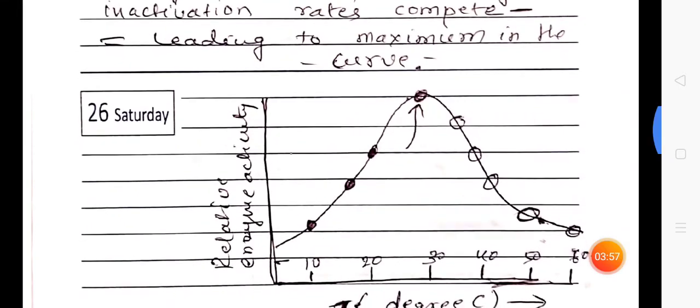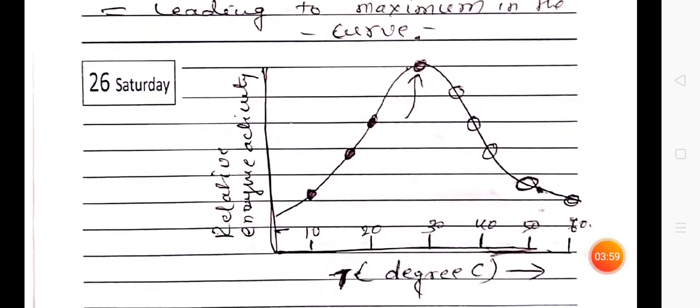When you do the experiment in the lab, you will get data like this. When you plot the graph of relative activity versus temperature in degrees centigrade, on this axis there are different temperatures, on this axis the different activities, and it shows a bell shape, where the maximum activity is at the point where the arrow mark is. That is the optimum temperature for the particular enzyme.